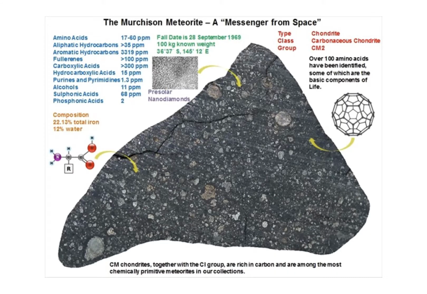So this is just one of the meteorites that's been examined, the famous Murchison meteorite. And so you can see amino acids, aromatic hydrocarbons, and aliphatic hydrocarbons, fullerenes, carboxylic acids, purines, pyrimidines. So a lot of the precursors for developing biological systems are present in these meteorites.